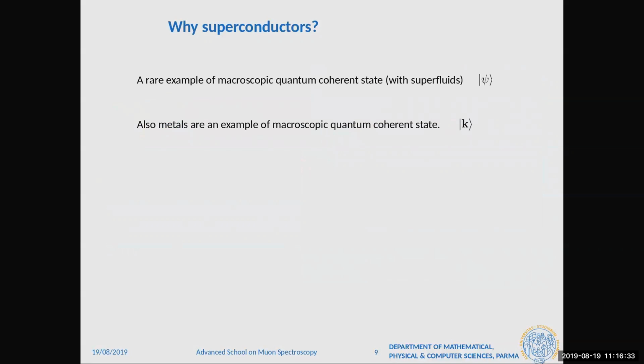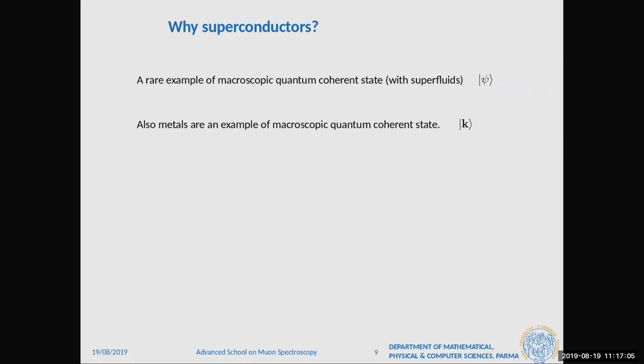And I will briefly remind you what that means, starting from the fact that metals are also metals. If you look back at the beginning of last century, the explanation of metal was the great success of quantum theory, and it tells us that electrons in metal are in a quantum state. And the quantum state, if you really think carefully, must be a many-body function, a coherent quantum state.